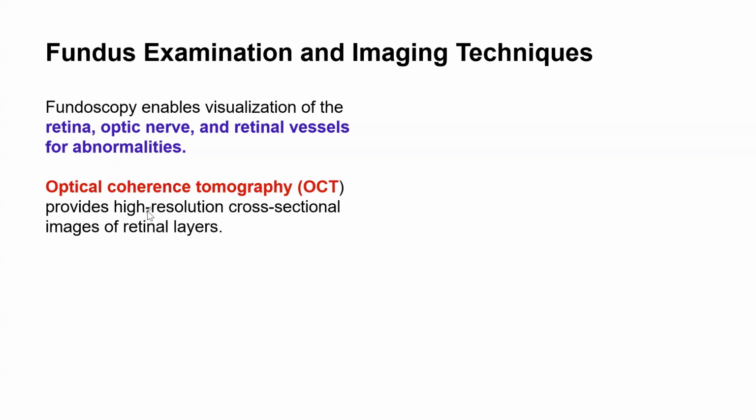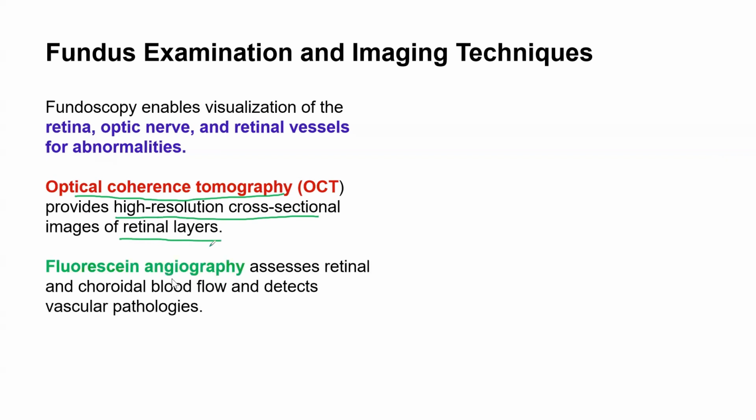And then the next one, apart from fundoscopy, we also have optical coherence tomography, which provides high resolution cross-sectional images of retinal layers. So you see we have OCT, which is another imaging technique to visualize the retinal layers of the eyes.